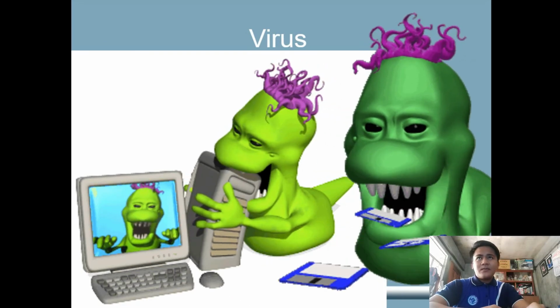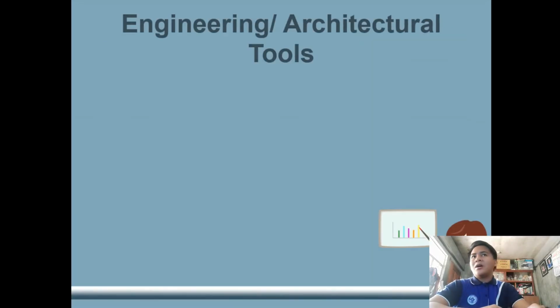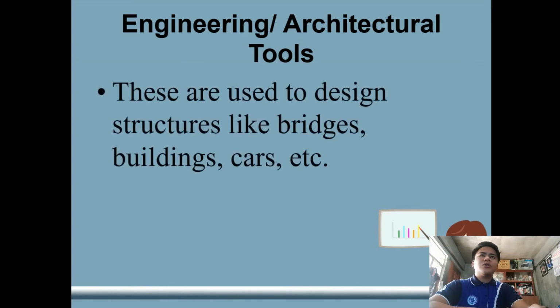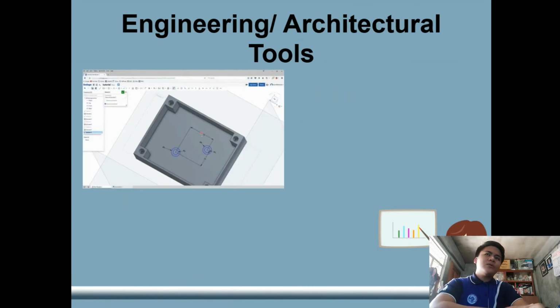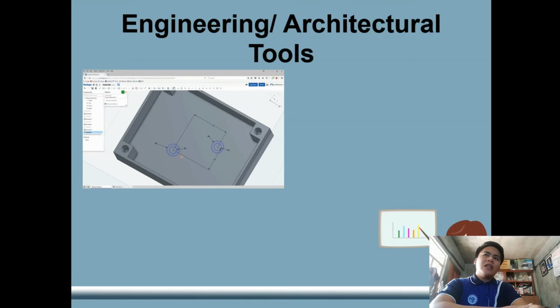Next, engineering and architectural tools, or engineering or architectural softwares. These are used to design structures like bridges, buildings, cars, and others. An example of architectural software is AutoCAD.